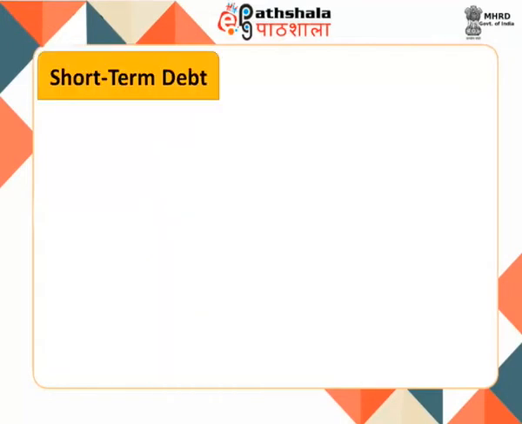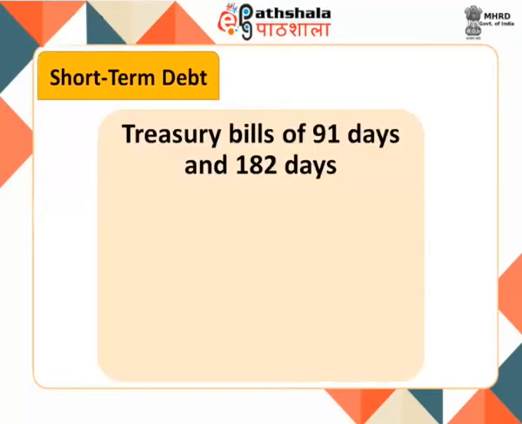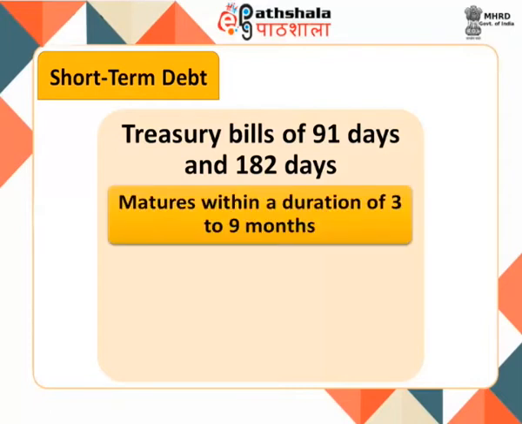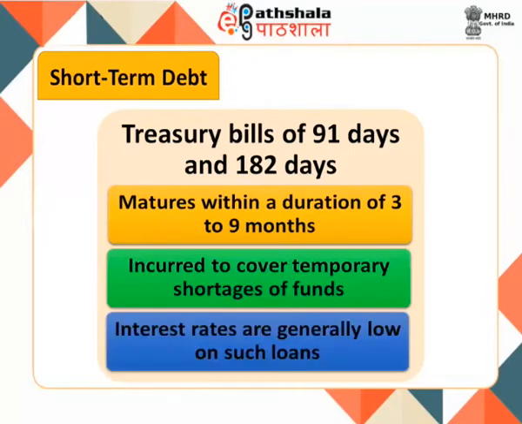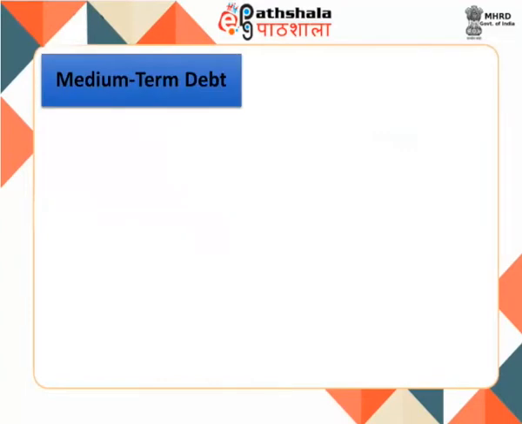Short-term debt. Short-term debt, like treasury bills of 91 days and 182 days, matures within a duration of 3 to 9 months and are incurred to cover temporary shortages of funds. Interest rates are generally low on such loans. Medium-term debt.